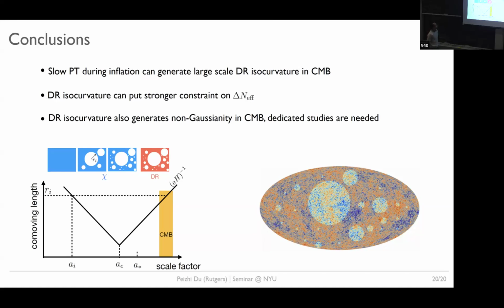And once we consider this kind of dark radiation isocurvature, you could put a much stronger bound on the delta N effective than the usual adiabatic ones. And this dark radiation isocurvature generates interesting features in position space in the CMB sky map. And we need dedicated searches to look for these kinds of features, particularly in the non-Gaussianities in the CMB sky map. And here I showed you these two cartoon pictures of our talk, and then I'll stop here.